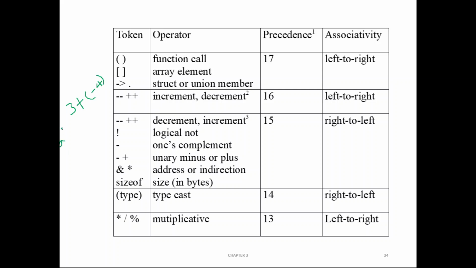It means actually a is equal to 3 minus 4, because this minus is now associated with only this 4. So this is a unary operator, whereas this plus is a binary operator, because it is operating on two operands, 3 and minus 4. This minus is applicable only for this operand.